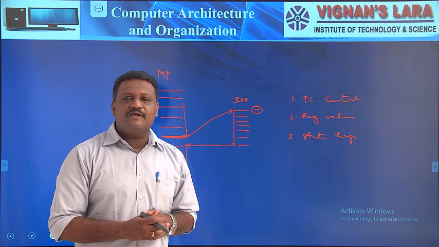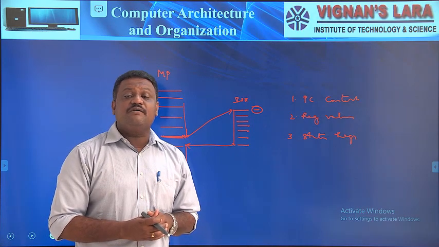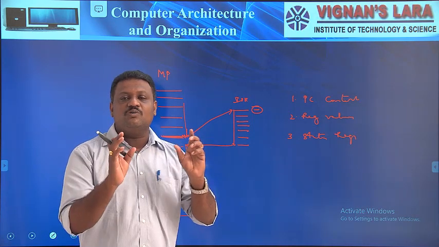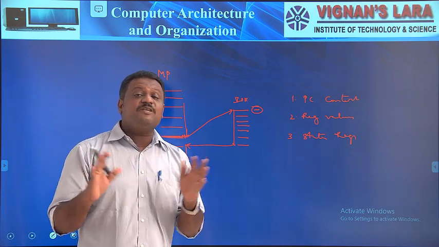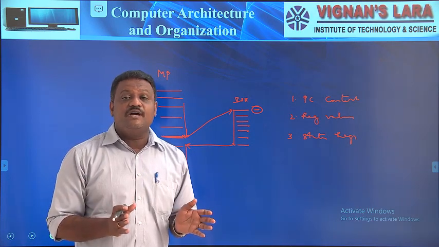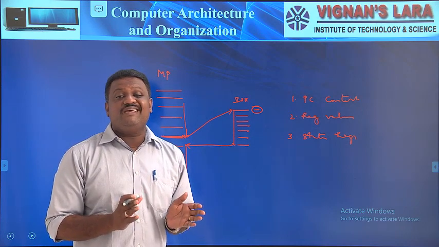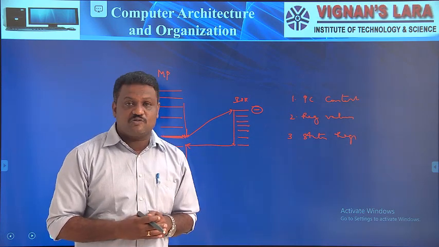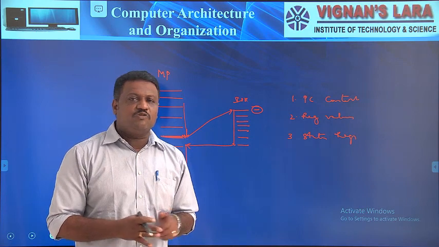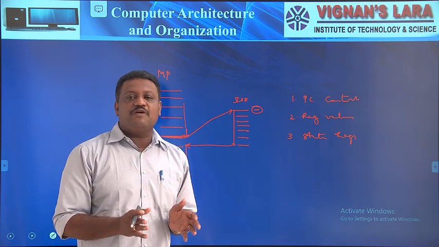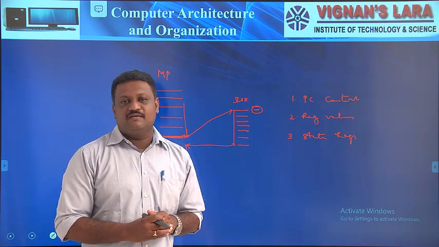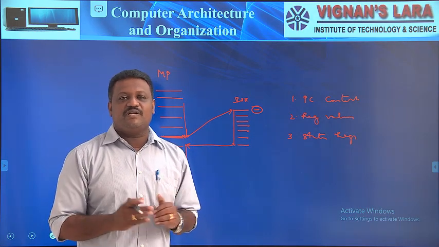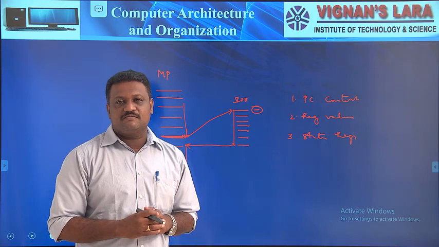In the case of 0 operand instructions, we always do arithmetic operations only on the top of the stack. That means the stack plays a vital role in implementing application programs in the form of expressions. If you want to make an application program for any expression, on that occasion also we took the help of a stack. So the role of stack is very important in our computer systems.